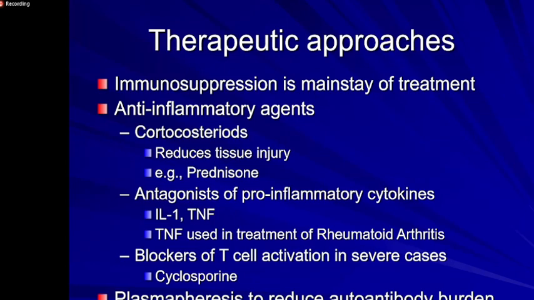Then you can provide drugs which inhibit the functions of the cytokines, especially pro-inflammatory cytokines. So you can have antagonists against interleukin-1 and tumor necrosis factor. Especially tumor necrosis factor antagonists are currently being used for the treatment of rheumatoid arthritis.